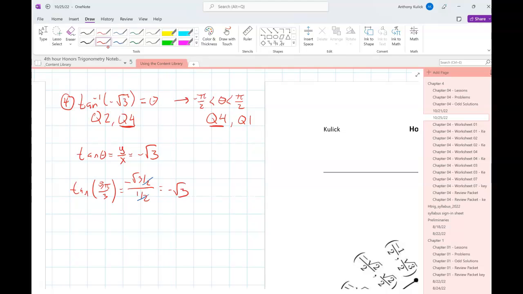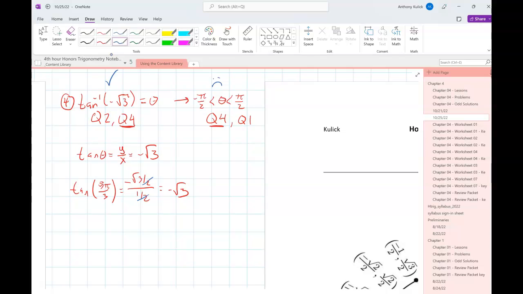And that does give me negative square root of 3. So I have the first piece taken care of, right? What I don't have, though, is my angle inside the correct interval. 5 pi over 3 is not between negative pi over 2 and positive pi over 2.